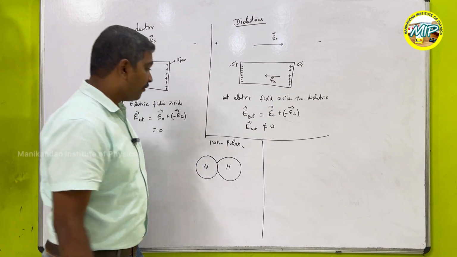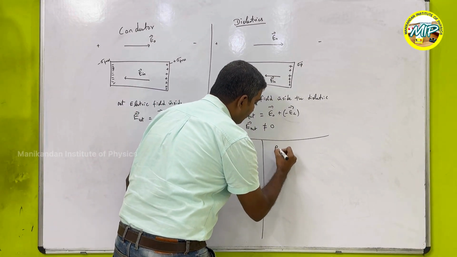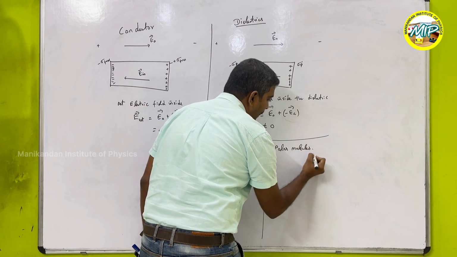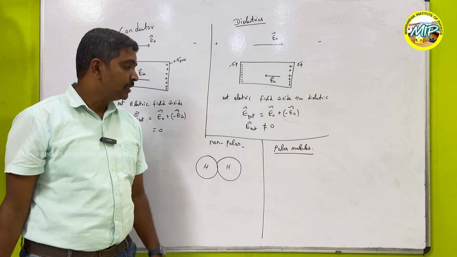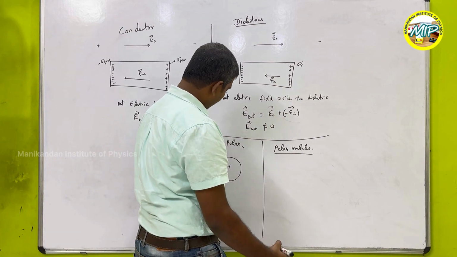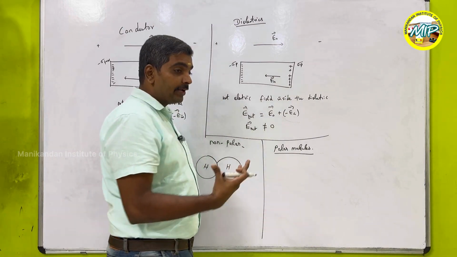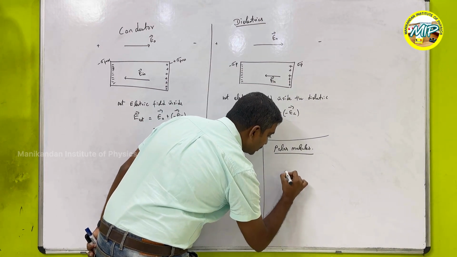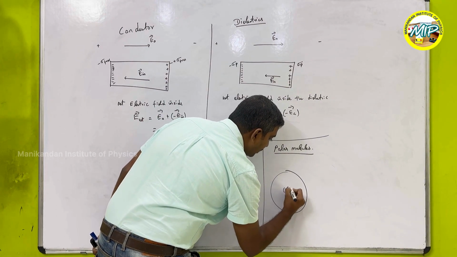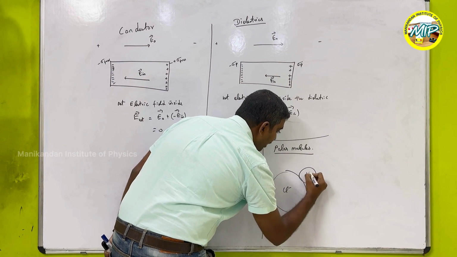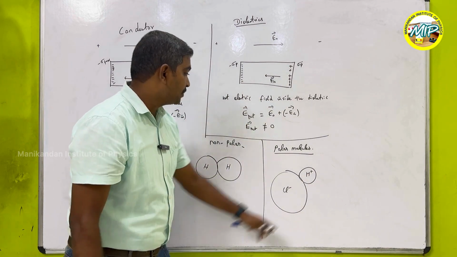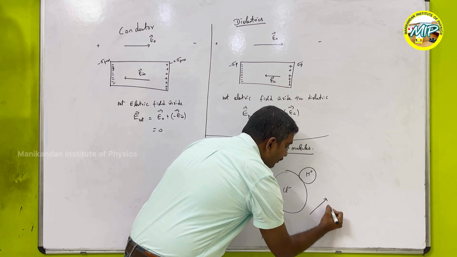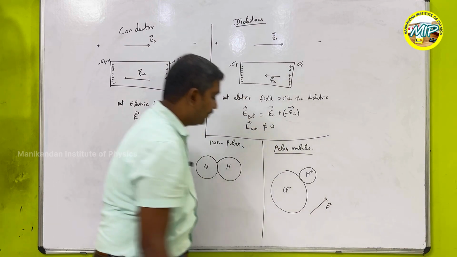But in the case of polar molecules, I can simply take HCl as a perfect example. Cl is the larger one, so Cl minus, H plus. My dipole moment always flows from here to here.